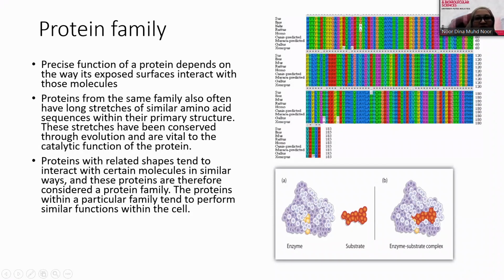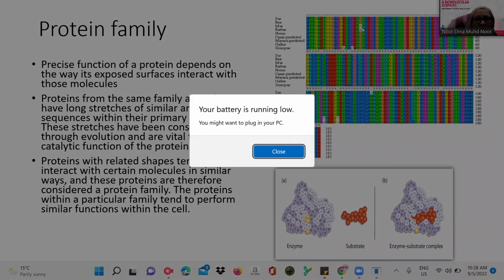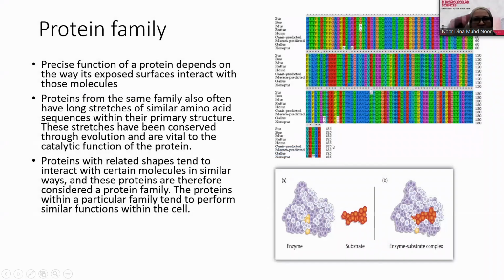So like this, for example, we have these different types of mammals, Homo sapiens, there are so many different types here, but they are under the same family because we have this similarity of the sequence. It's just a slightly different, in this 185 amino acid sequence.